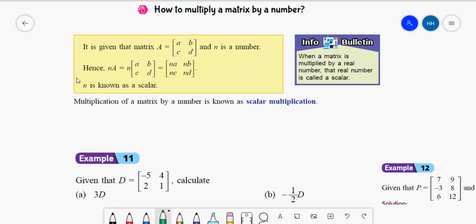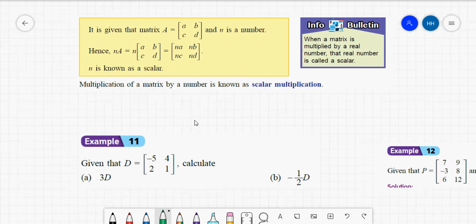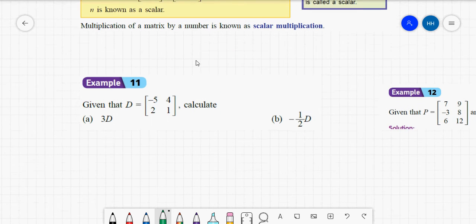Okay, and N is known as a scalar, so multiplication of a matrix by a number is known as scalar multiplication. So I think it is clear here that when you multiply a matrix with a number, the number must multiply all the elements of the matrix.